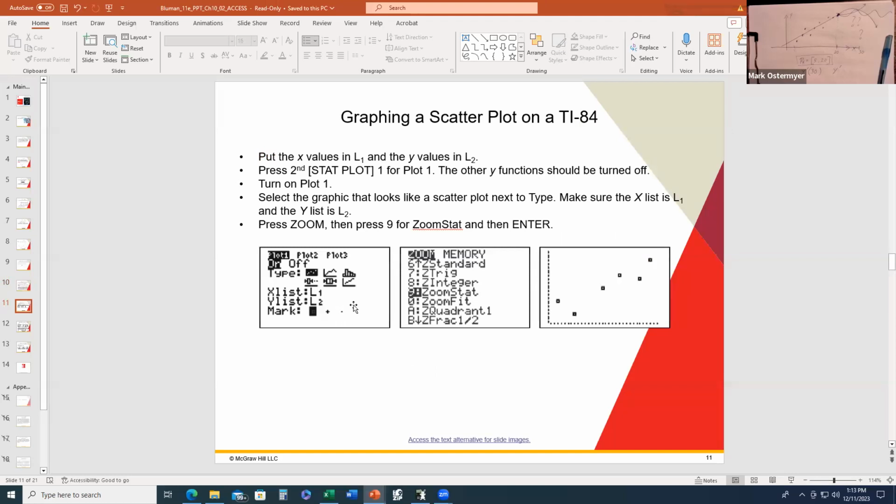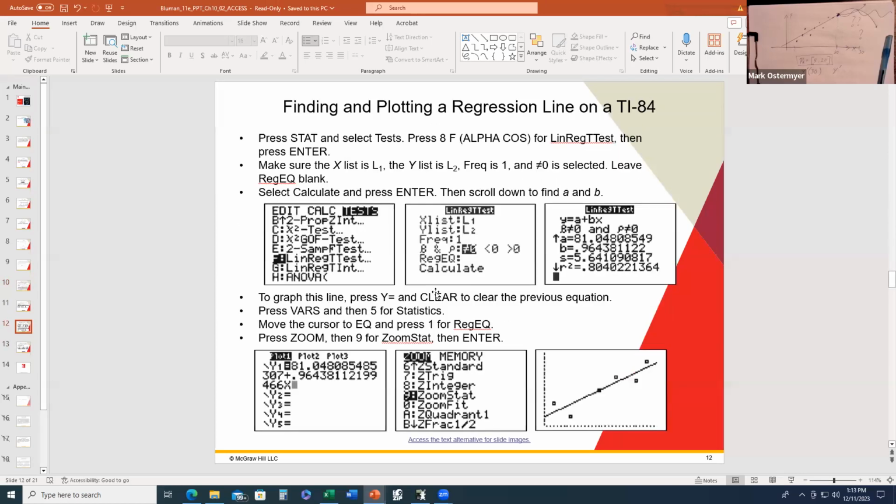All right, this is basically just walking you through some of the routines that we've seen on our calculator there. All right, conducting a t-test, storing the regression equation, doing the scatter plot and the graph of the regression equation, overlaying the scatter plot there.